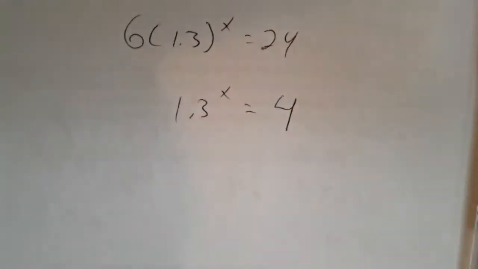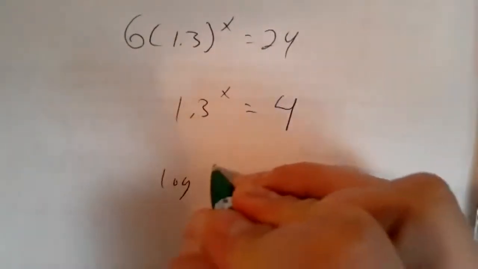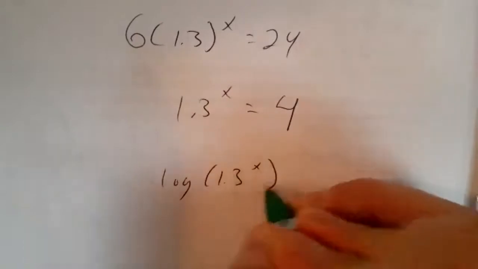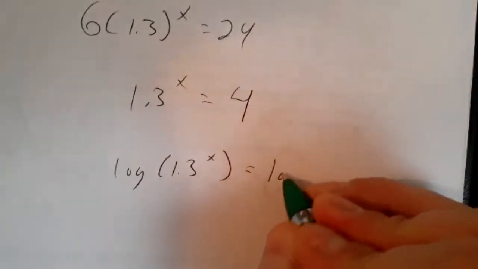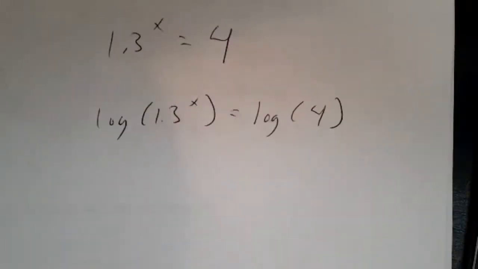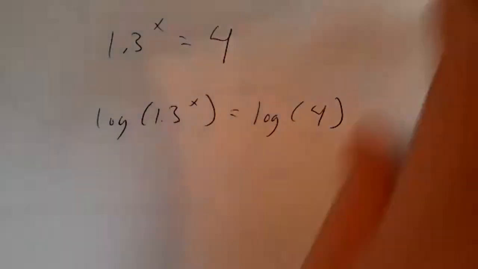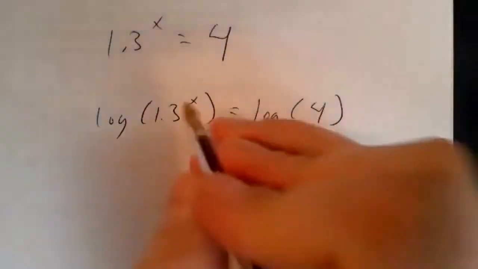So basically at this step, instead of doing a weird base log, they would just take a normal log or ln. And so we take a log of 1.3 to the x. You get the same thing, to be honest. You're essentially forcing yourself to do change of base. And now at this step they would use log properties.